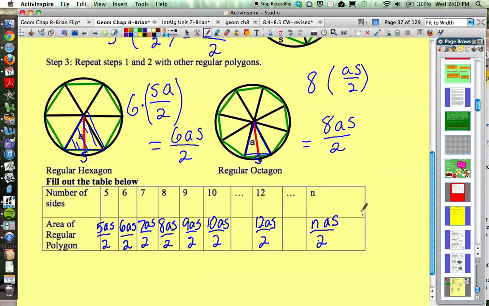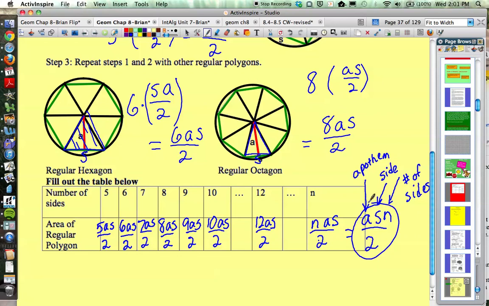Now in the book, it just reorders these letters a little bit into A times S times N divided by 2, where A is the apothem length, S is a side length, and N is the number of sides. So now we will use that formula right here for the area of a regular polygon.